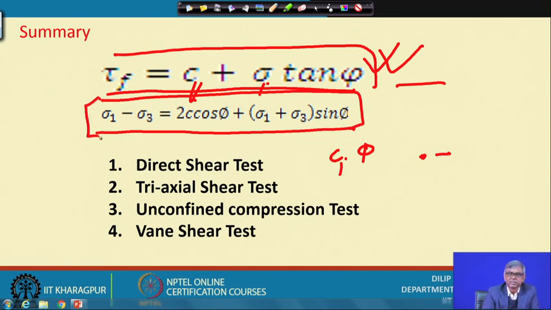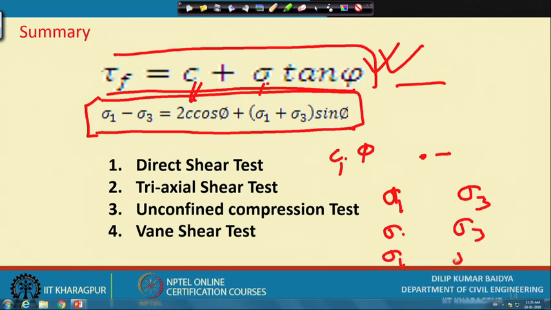Using this relationship, if I carry out tests and have 2-3 sets of data, for a particular sigma 1 I find a particular sigma 3, then another sigma 1 and another sigma 3, like sigma 1-1, sigma 3-1, and sigma 1-2, sigma 3-2.